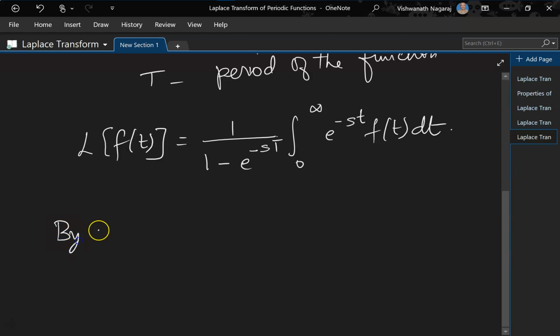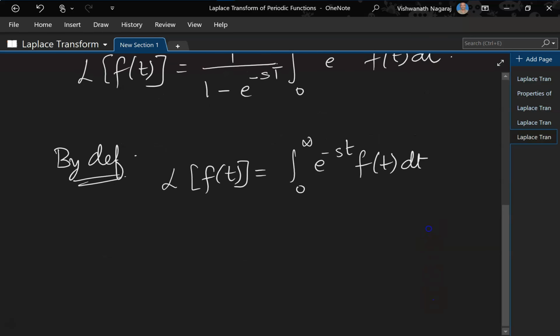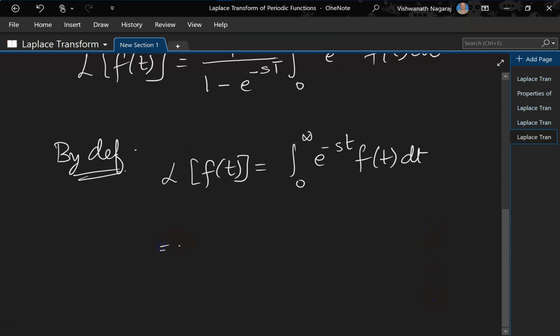By definition of the Laplace transform, the Laplace transform of a function in general is the integral from 0 to infinity of e to the power of minus st f of t dt. Now, since it's a periodic function, it repeats, which means we can split this into two integrals.